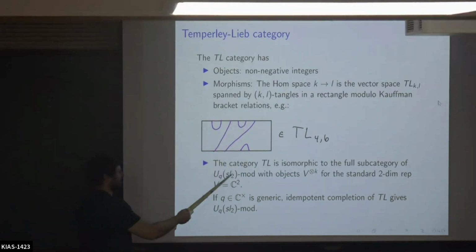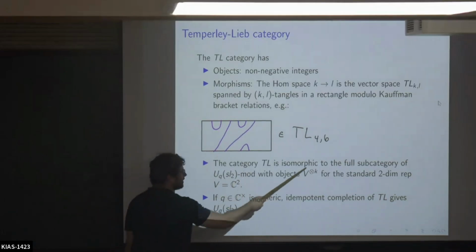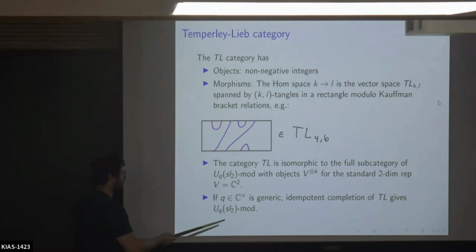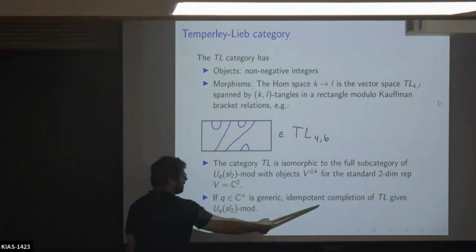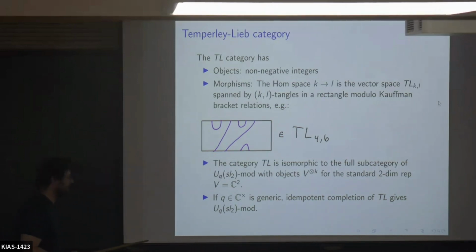That isomorphism doesn't give you the full representation category, only this subcategory. But if Q is generic, you can get the full representation category by taking the idempotent completion of this category. Idempotents become objects and we're allowed to take direct sums, and that's how you recover the full representation category when Q is generic.